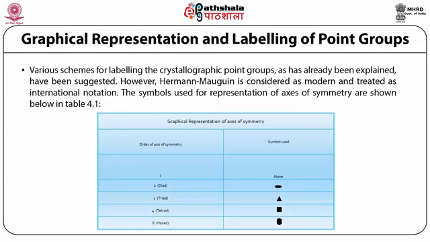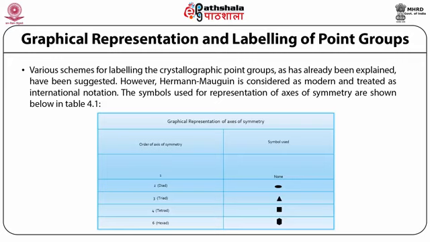2, which is also called a dyad, is represented as shown in the table. The triad, which is a 3-order axis of symmetry, is represented as a triangle as shown by the symbol in table 4.1.